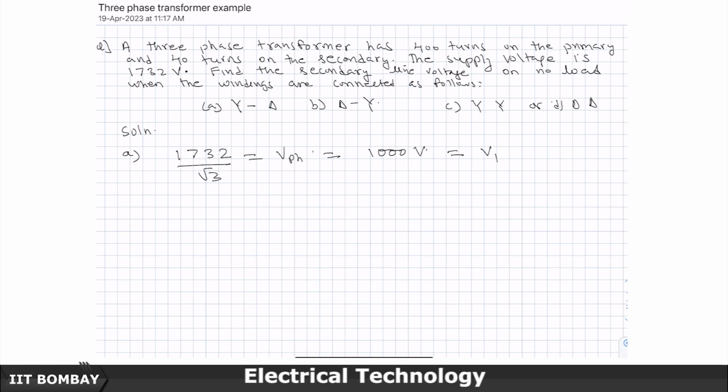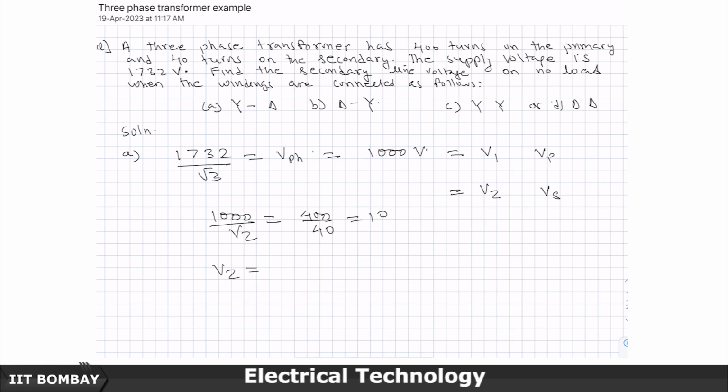The V2, the secondary side, you can also call them VP and VS. So you have 1000 divided by V2 equal to 400 divided by 40. 400 is the N1, 40 is the N2, and so this is 10.